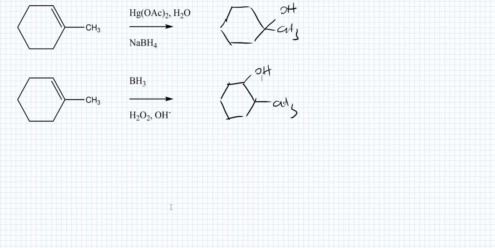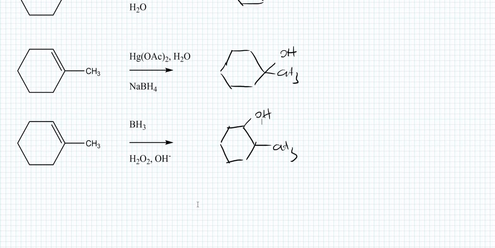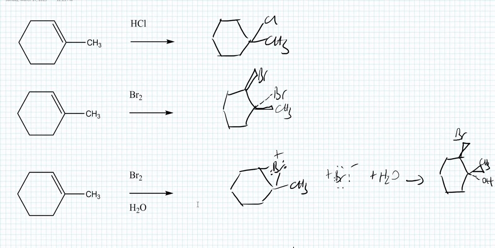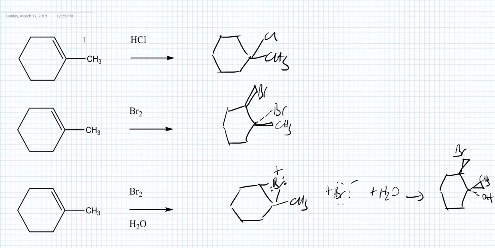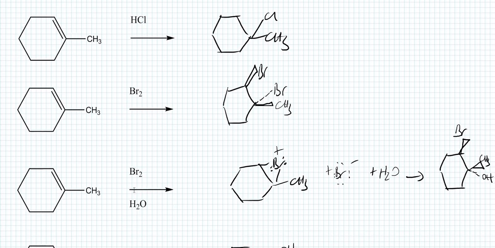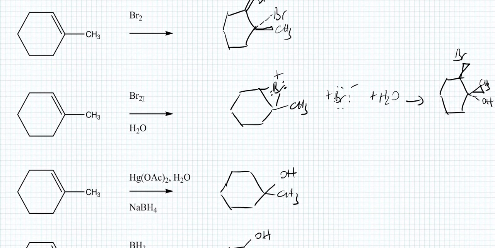So up to now, we have done 5 different reactions. In the first, we added a halo acid. It follows Markovnikov rule. Second, addition of bromine to an alkene. It follows trans stereochemistry. The added Brs have to be trans with respect to each other. The next reaction was addition of Br in the presence of water.